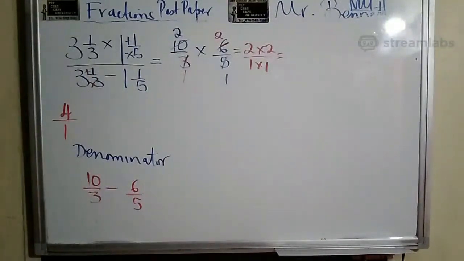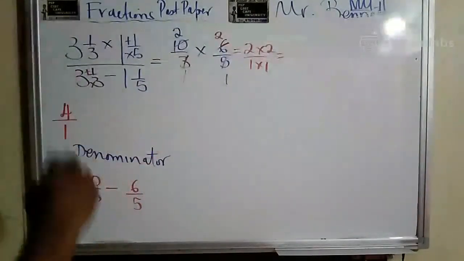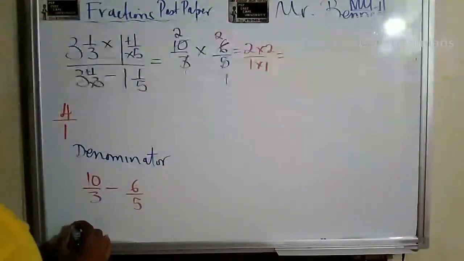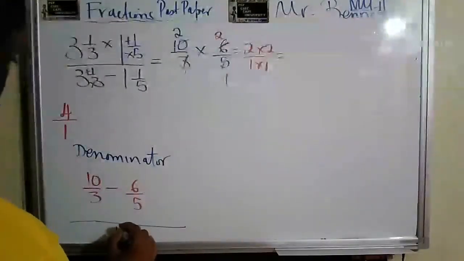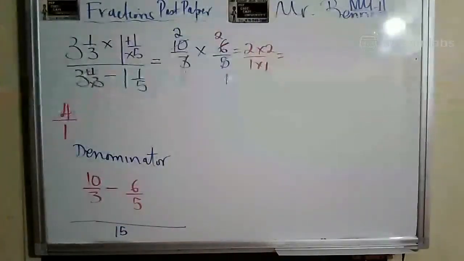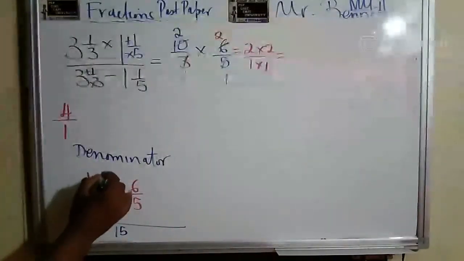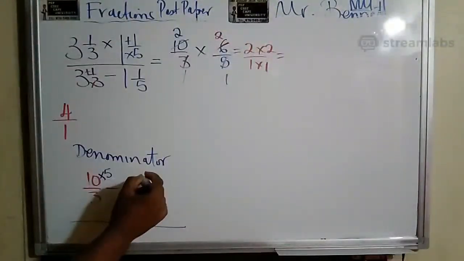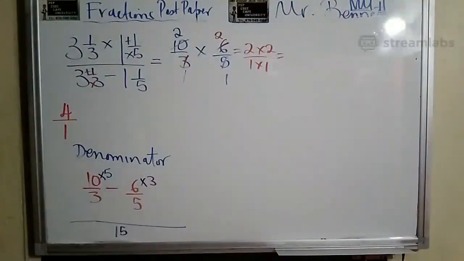Remember, when we are adding and subtracting, we must bring them to a common denominator. What's the lowest number that can go into 3 and 5 without a remainder? Very good. 15. 3 into 15 goes 5 times, we multiply that by 5. 5 into 15 goes 3 times, we multiply it by 3.